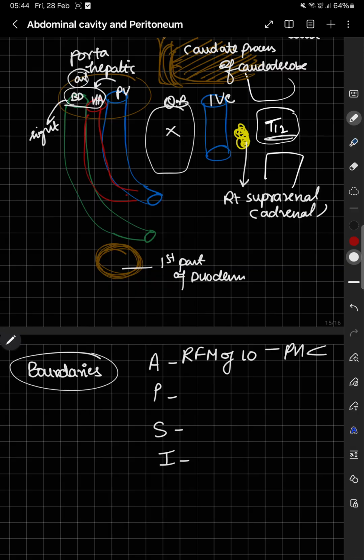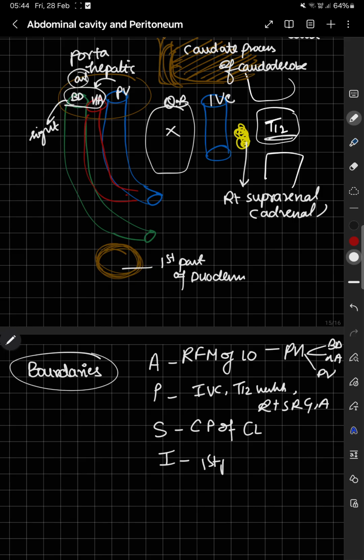Posteriorly we have the inferior vena cava, the T12 vertebrae and the right suprarenal gland, which is also known as our adrenal gland. Superiorly we have the caudate process of the caudate lobe of the liver, and inferiorly we have the first part of duodenum. And you see the hepatic artery is folding, so we have the horizontal part of our hepatic artery.